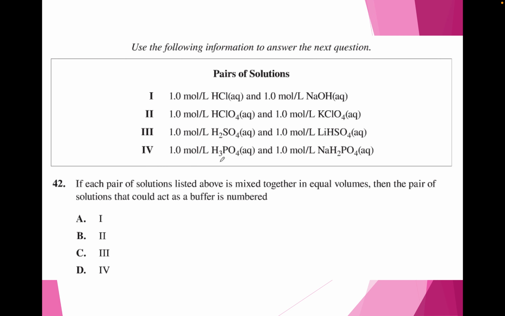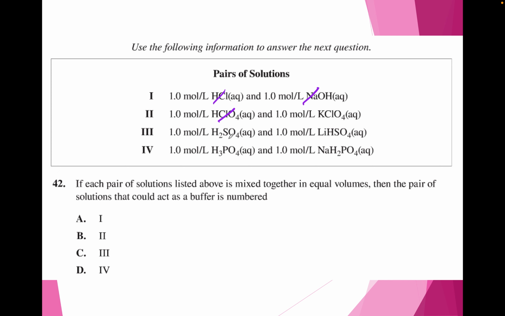So coming to, or keep going, this is more theory on buffers. So here it's asking what could act like a buffer. So to act like a buffer, you have to have a weak acid with its conjugate base. So anything that's strong, rule out. So solution 1 could not be, because HCl is a strong acid, NaOH is a strong base. Looking at the next one, same idea. This is a strong acid.